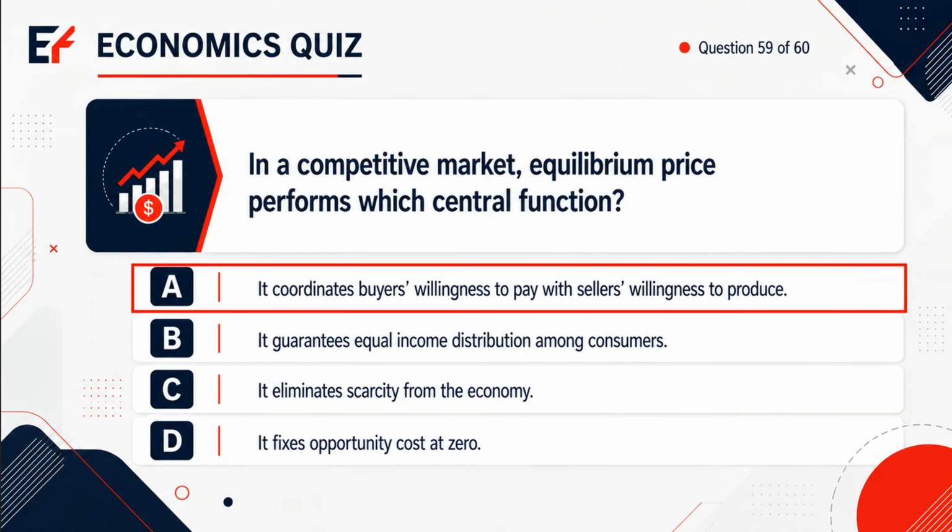Option B is wrong because equilibrium price does not guarantee equal income distribution. Option C is also wrong because scarcity still exists even when markets clear. Option D is incorrect because opportunity cost never becomes zero simply because a market reaches equilibrium. The key idea is that equilibrium price helps buyers and sellers reach market balance.